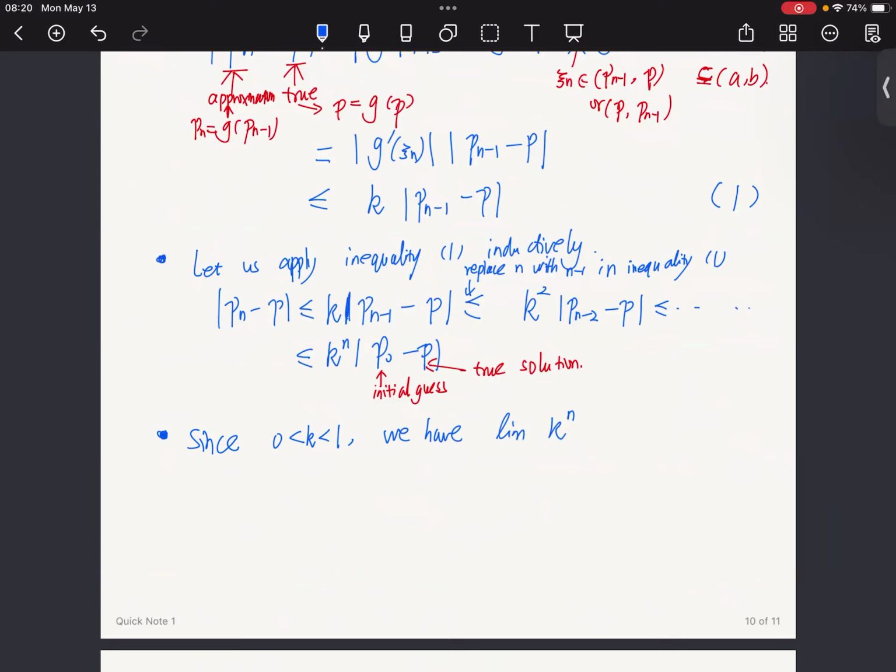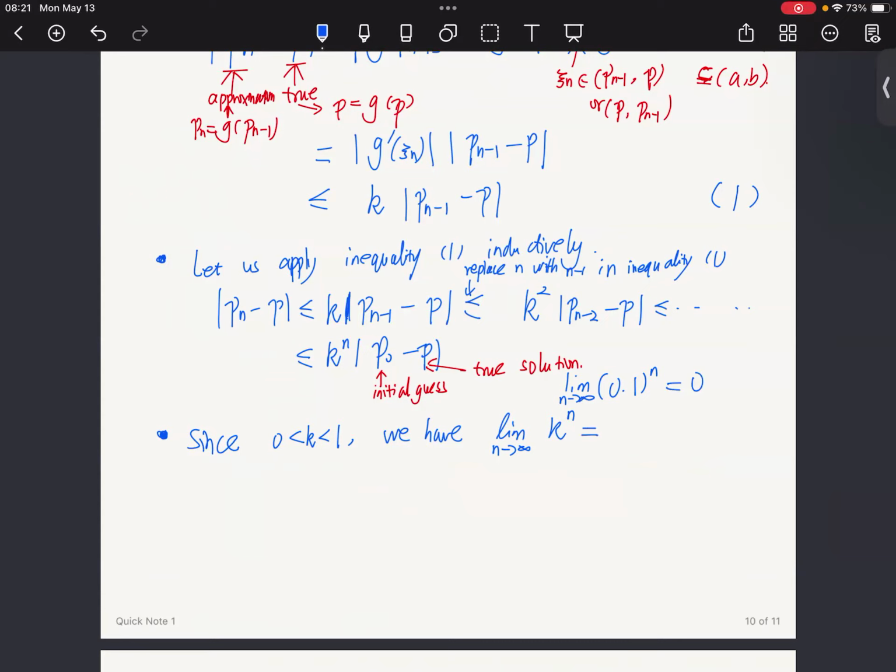This is the power term, and the power n tends to infinity. Because K is less than 1, for example 0.01, if we take the power n and let n tend to infinity, this term always goes to 0.